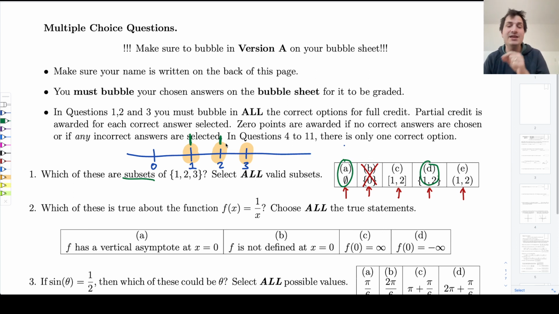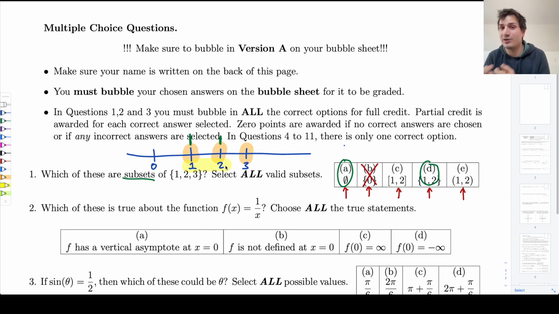Option C and E are both wrong because they include numbers that are in between 1 and 2. So for example, let's do option C. Option C is everything between 1 and 2, including 1 and 2. And that includes numbers like 1.5 or 1.7. A whole bunch of numbers are included that are not part of the original set. They're not part of 1, 2, 3. And that is why these things are not subsets of 1, 2, 3.